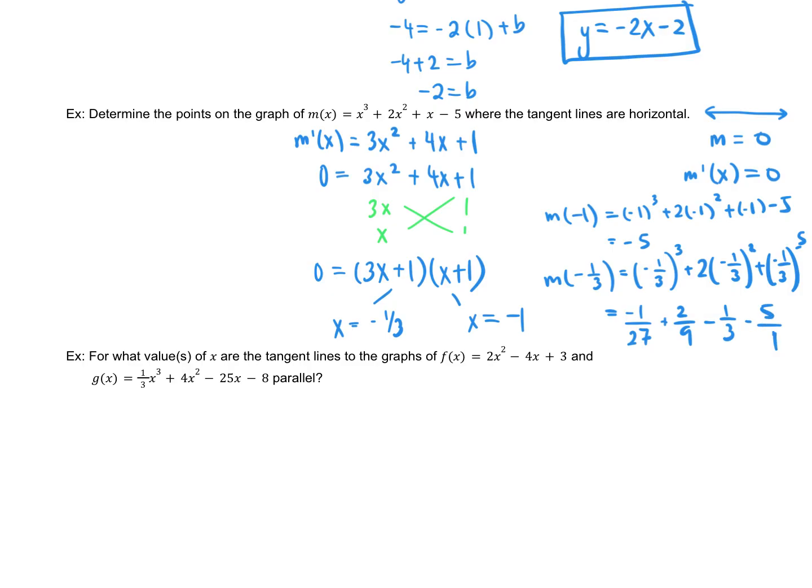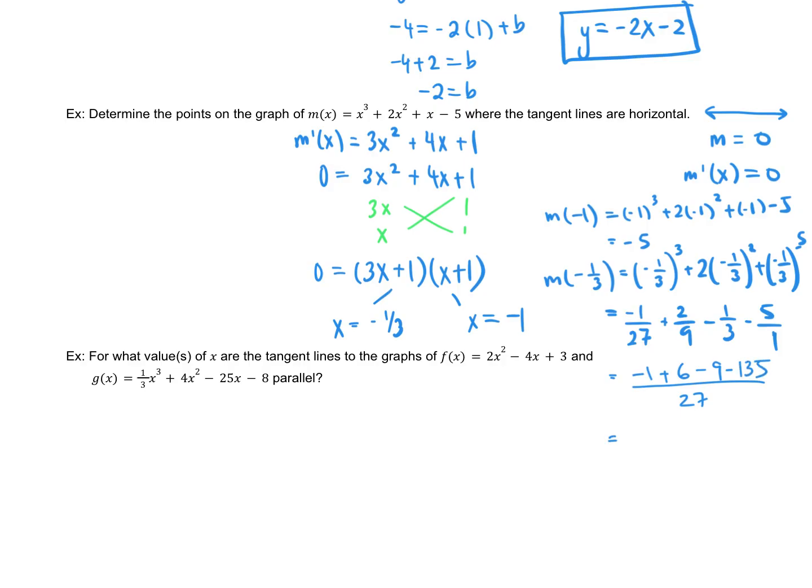And then I'll just get a common denominator so I can add and subtract these fractions. So 27 is the goal. 9 times 3, so 2 times 3 is 6. 3 times 9, negative 1 times 9 is negative 9. And negative 5 times 27, negative 135.